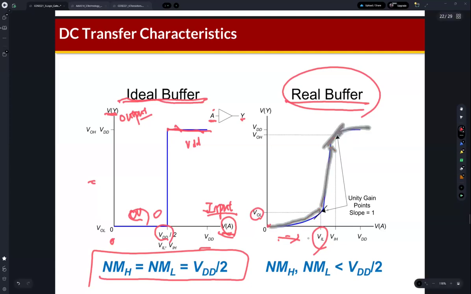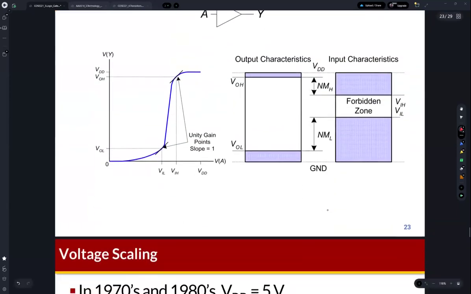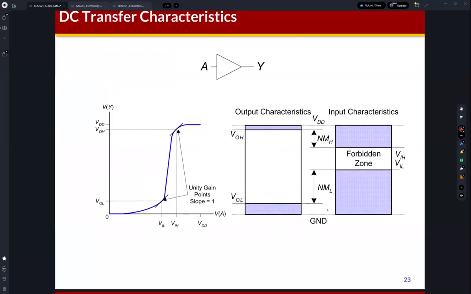So in this graph, we can define the noise margin of this buffer. We can define some input range and output range of this buffer based on this graph. Okay, how? So I explained up to this point.